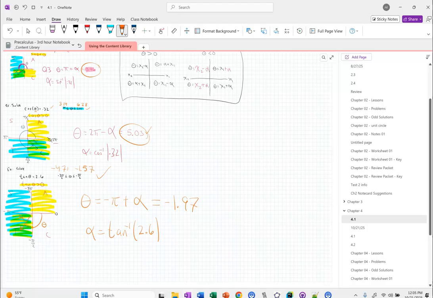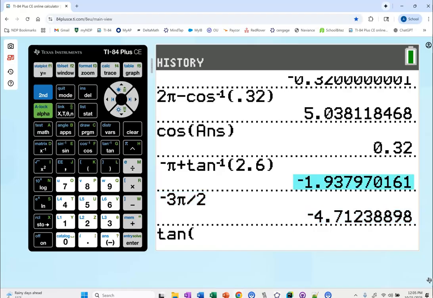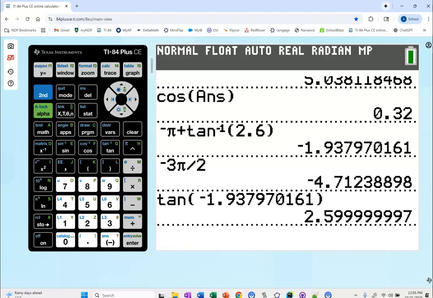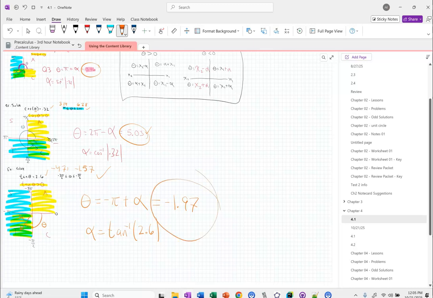And then I need to check that tan of that answer is 2.6. And close enough? Yeah. I think so too. So that's it.